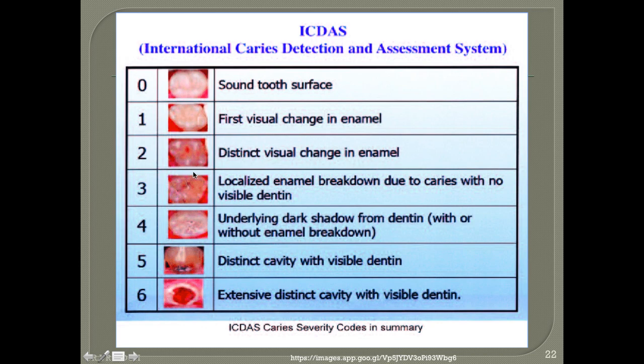Second is distinct visual change. Third is enamel breakdown due to caries, but dentin is not visible. Fourth is the underlying dark shadow of dentin with or without enamel breakdown. Fifth is a distinct cavity with visible dentin. And sixth is an extensive distinct cavity with visible dentin.